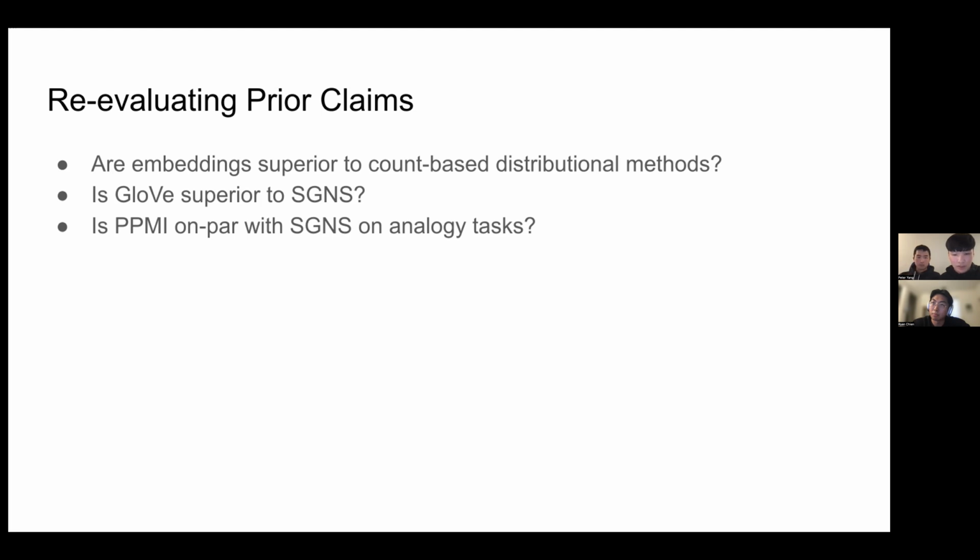Third, is PPMI on par with SGNS on analogy tests? In the other research paper, the results show that PPMI and SGNS perform similarly on both Google's and MSR analogy tests. However, the results in this paper show a clear advantage to SGNS.